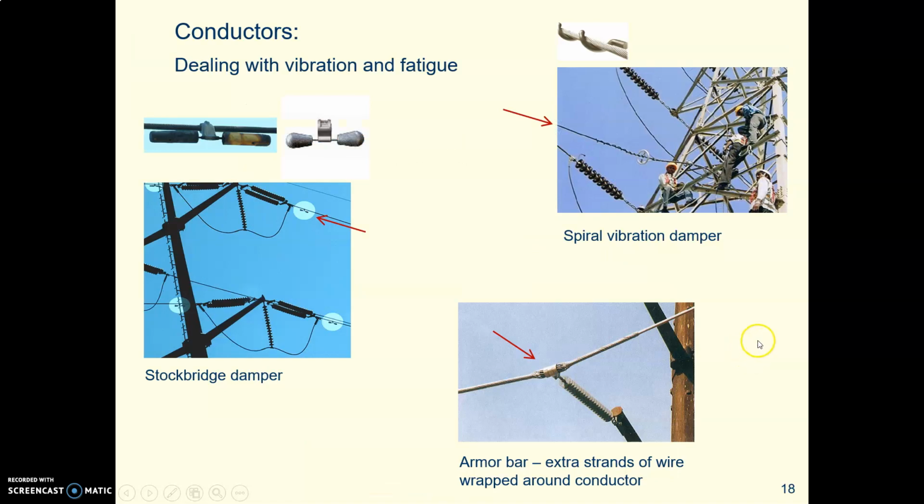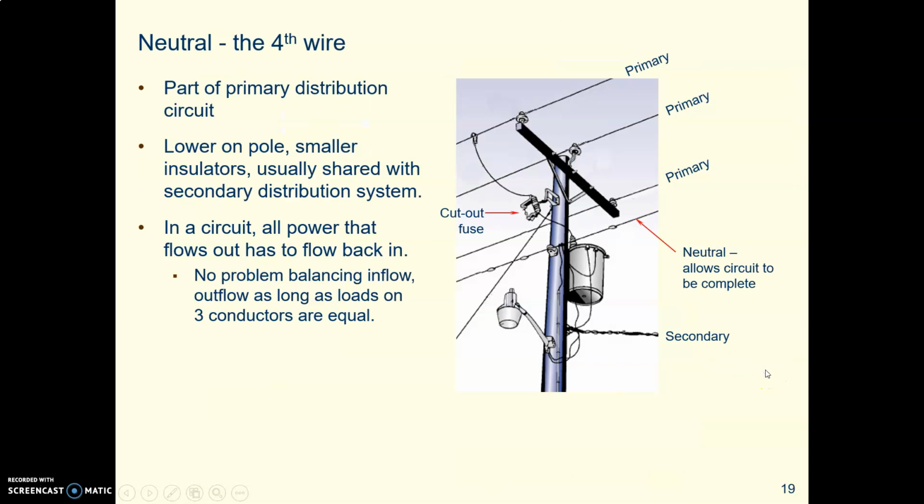And there's a danger of fatigue caused by vibration, and fatigue is a failure mode caused by reversal. So it moves back and forth, back and forth. You can see that if you try to break a paper clip by bending it back and forth. So they have various devices to prevent that fatigue. Here are 3 of them.